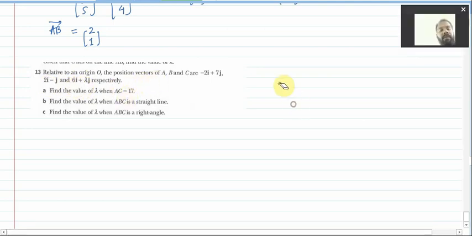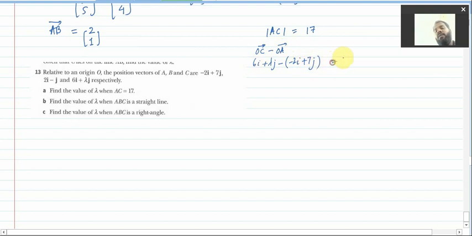Alright, so you need to find out the value for AC here. The condition we have is the magnitude of AC is known, right? So the magnitude of AC is equal to 17. First we need to find the vector AC, that will be OC minus OA, right? The OC vector is 6i plus lambda j minus the vector OA, which is minus 2i plus 7j.